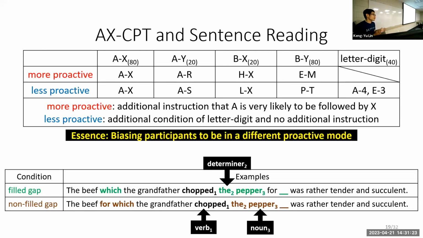And this is a brief summary of our manipulation. The first one is the AXCPT task. The essence of the AXCPT task is to bias participants to be in a different proactive mode, either more proactive or less proactive. And then they are going to read the sentences, which are WH dependency sentences of filled gap or non-filled gap conditions.